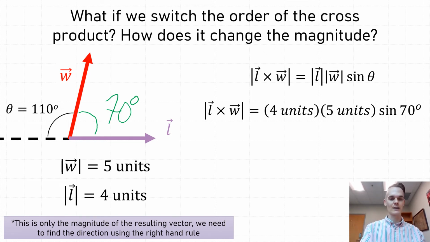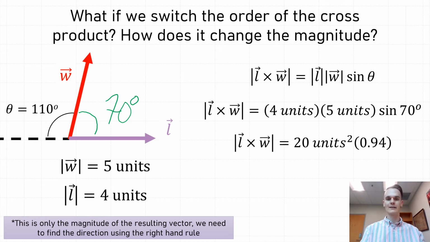And let's simplify that a little bit more. So we have 20 units squared. Remember, we treat units just like we treat numbers. So we have units multiplied by units, which is going to give us units squared as the final units of our cross product magnitude. And the sine of 70 degrees is going to be equal to 0.94.